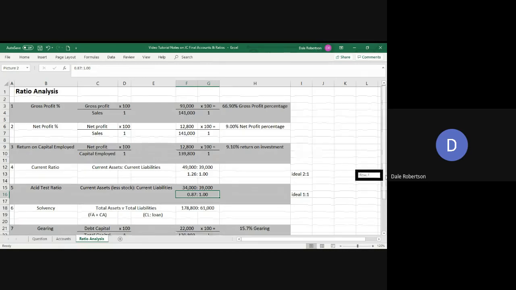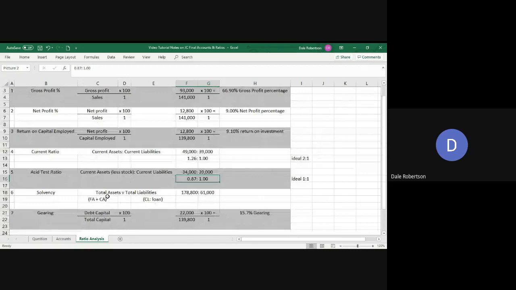And the last 2, solvency is pretty straightforward. You add up all of your assets, which is your fixed assets and your current assets, to get 178,800. That is the fixed assets of 129,800 and the current assets of 49 combined. And you compare that to all of your current liabilities. The current liabilities are 39 and the long-term liability is 22. That's the loan.